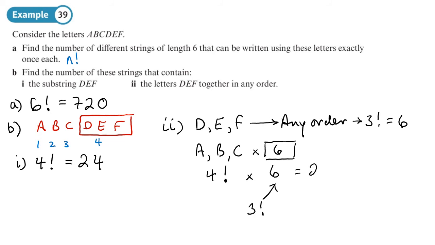So that's going to be 24 times 6, which is, let's use my calculator, 24 times 6, 144. So that will be my answer to part B, 144, and the first part of part B was 24 and then A was 720.